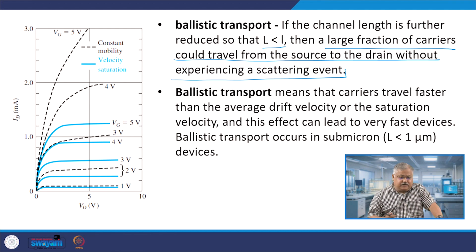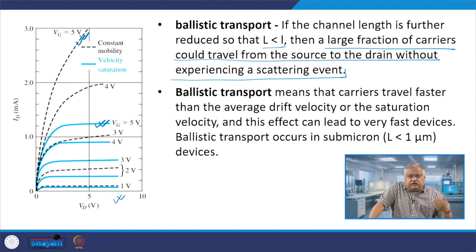If you look at the left hand side graph here, it plots ID versus VD for various values of Vg. As the Vg value goes on increasing, the dotted curve current is much larger compared to the blue curve currents, and this is at 5 volts. This is constant mobility, because there is no scattering phenomenon, and you can see a jump in terms of the current.